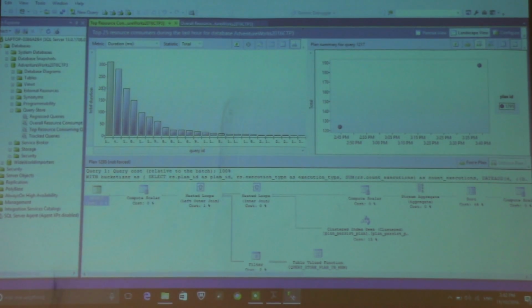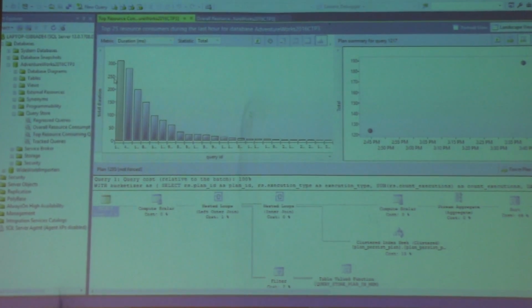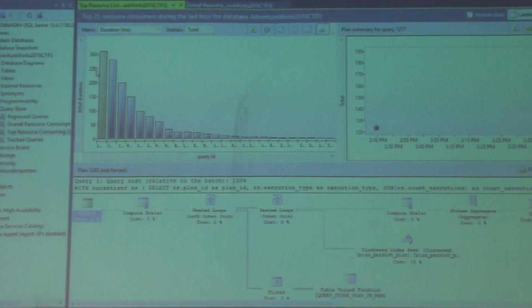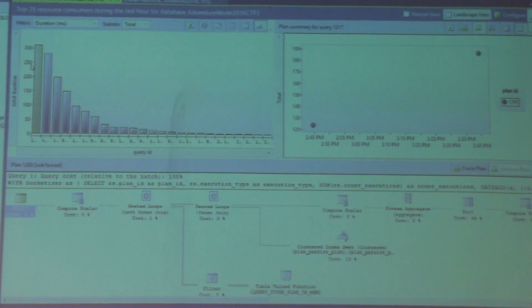Okay. This graph, where the x-axis is just the ID of the query, and this axis is just the total duration, gives you a good estimation of which query is very time-consuming. It takes a lot of time to get the result.